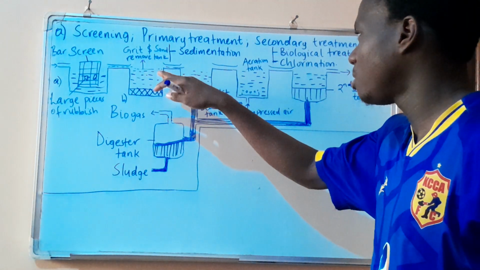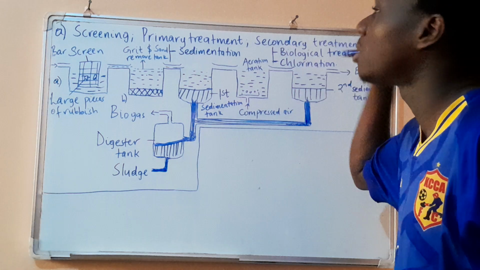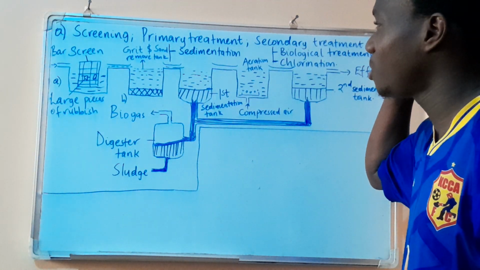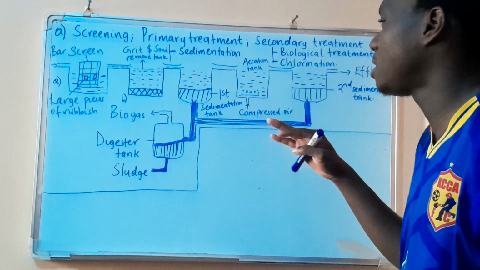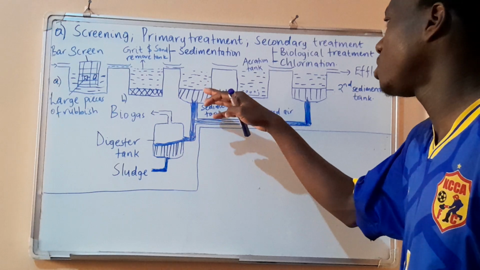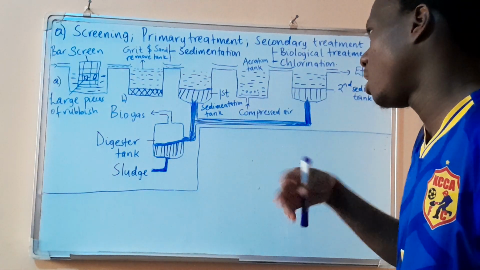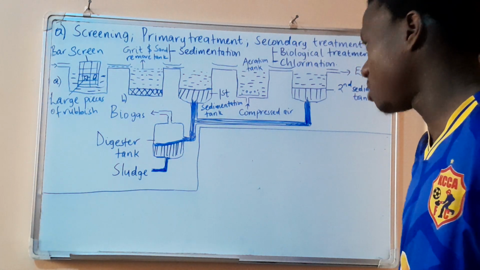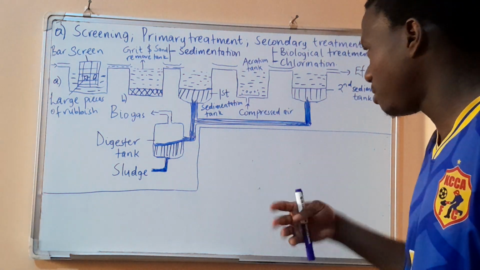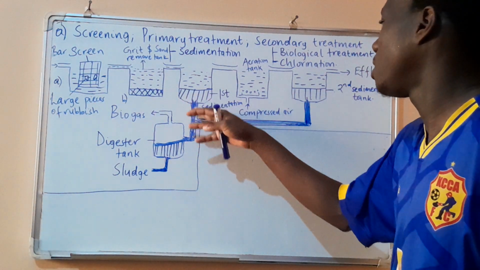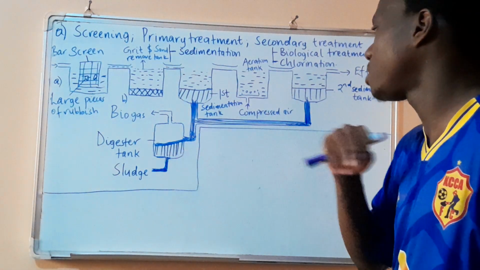This grit and sand removal tank removes substances which are not fine in nature, but are somehow moderate in size. But within this sedimentation tank, those particles continue to break down into small pieces of sediments, very fine particles. They make them fine such that they form part of sludge.